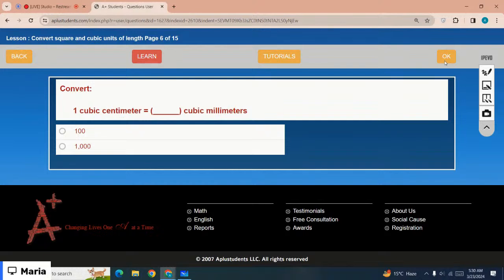1 cubic centimeter equals how many cubic millimeters? The correct option is 1000 cubic millimeters. Option number 2 is the correct option.